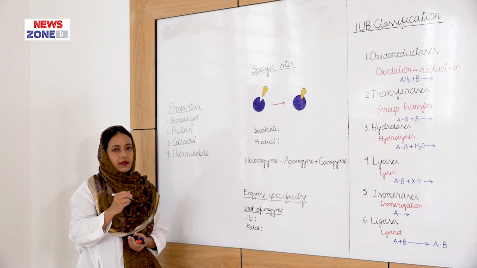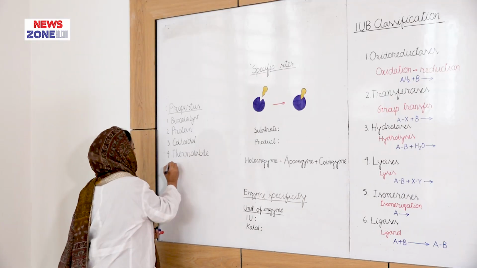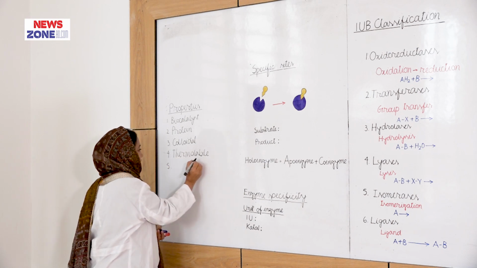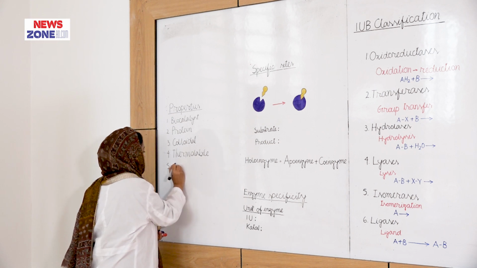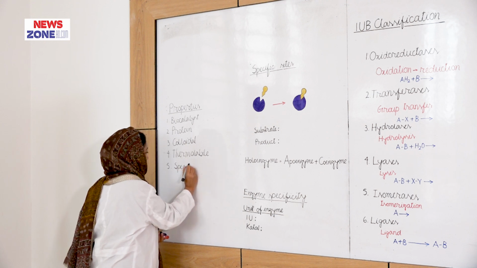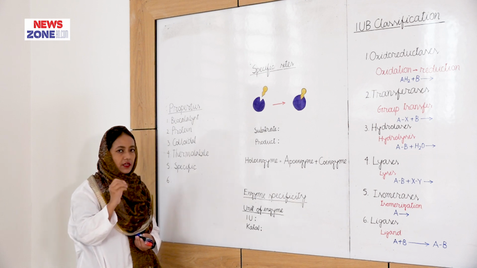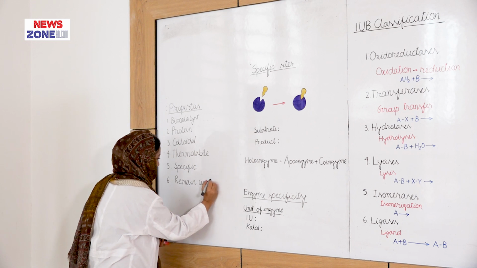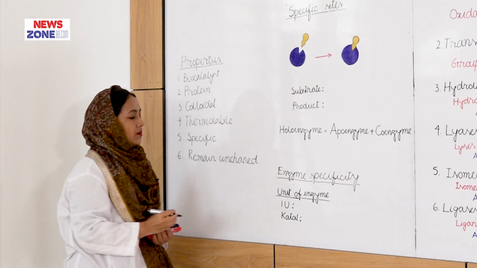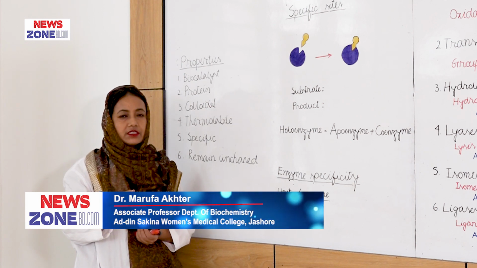That means in extreme heat, the structure of the enzyme becomes denatured. They have a specific isoelectric pH, and they are reaction specific. They are specific in their action and remain unchanged after the end of the reaction. The overall function of the enzyme is the acceleration of the rate of reaction.